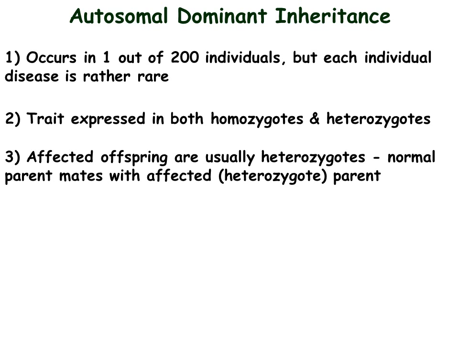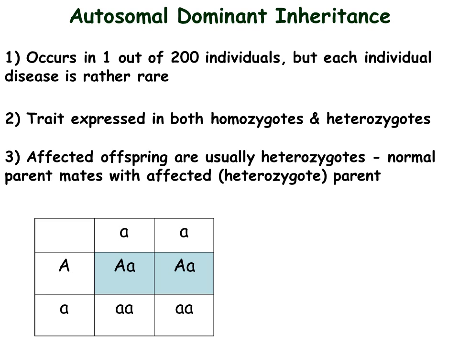The affected offspring are usually heterozygotes. A normal parent will mate with an affected heterozygote parent, and you can see that in this situation, since it's dominant, 50% of the offspring will be affected.